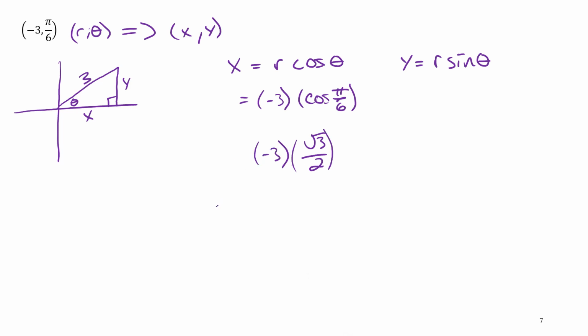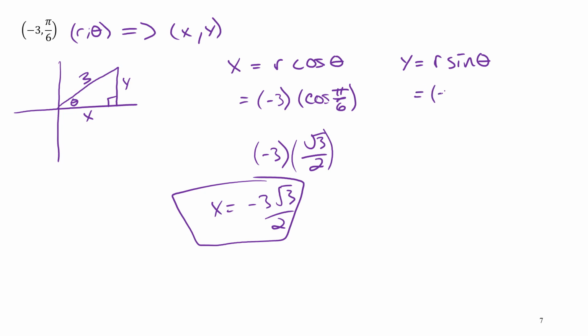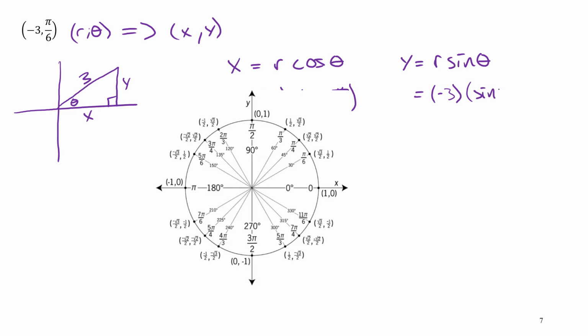In writing this out, we would have x is equal to -3 square root 3 over 2. And that would be our x value. For our y, we know that the radius is -3 and theta is pi over 6.